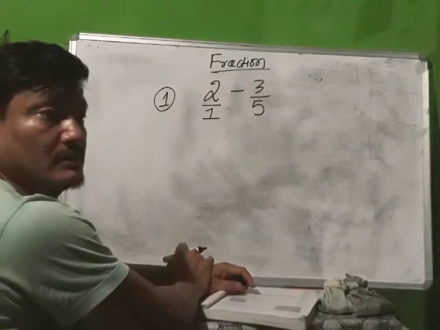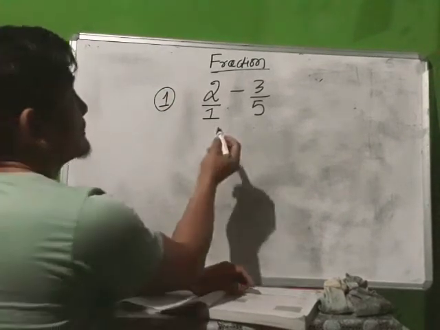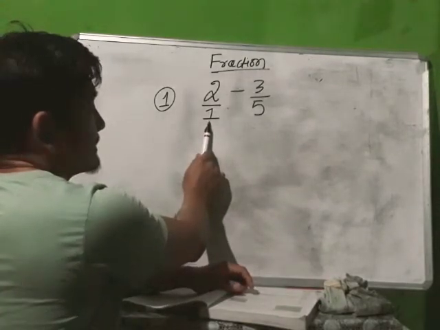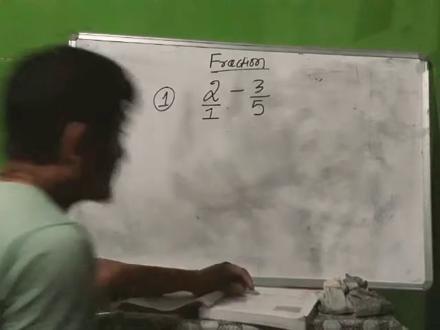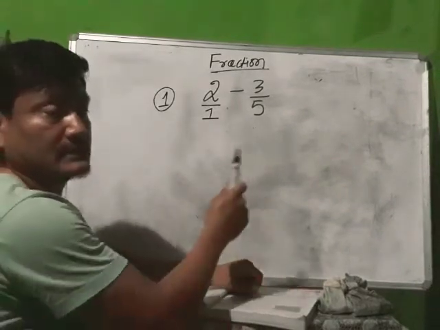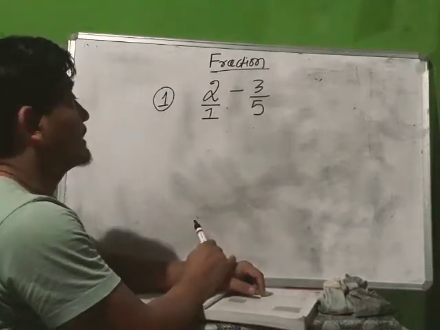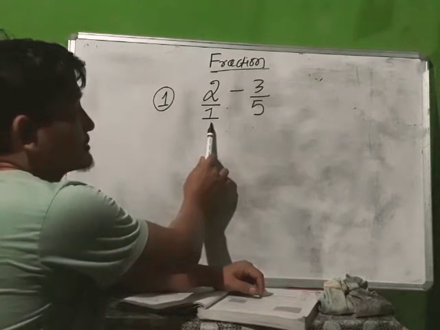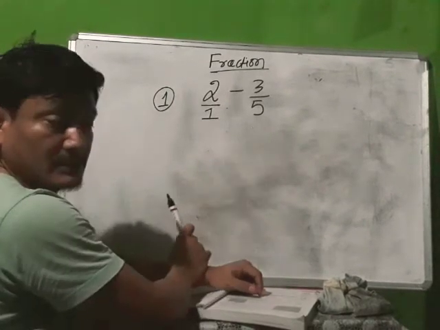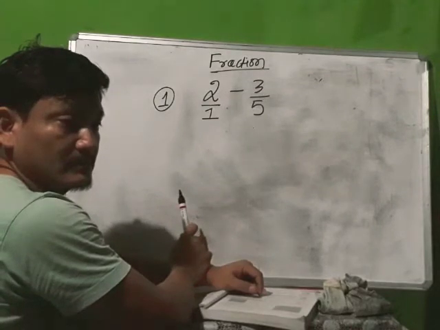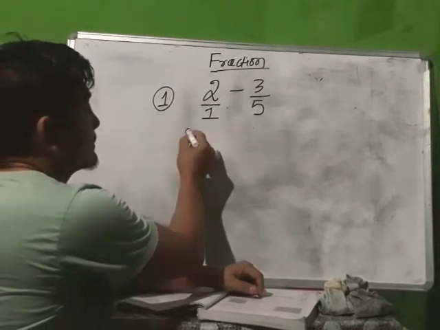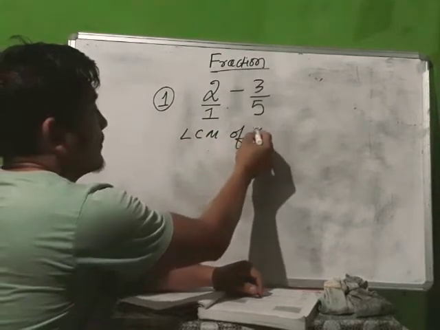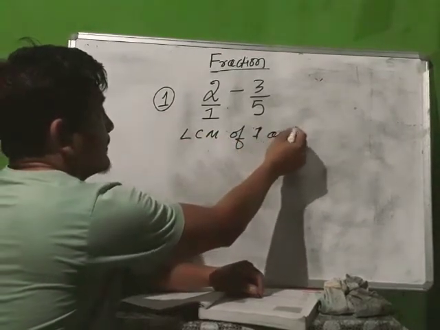Okay, so now see, the first thing you need to know is that the denominators you have here are 1 and 5. So you need to find the LCM of 1 and 5.